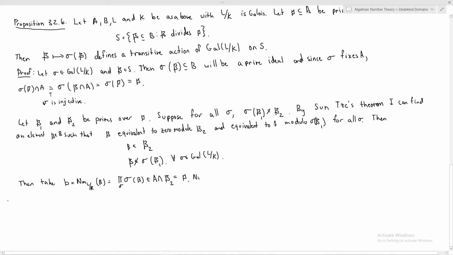Now, since B1 also lies over p, b is also going to be in B1.